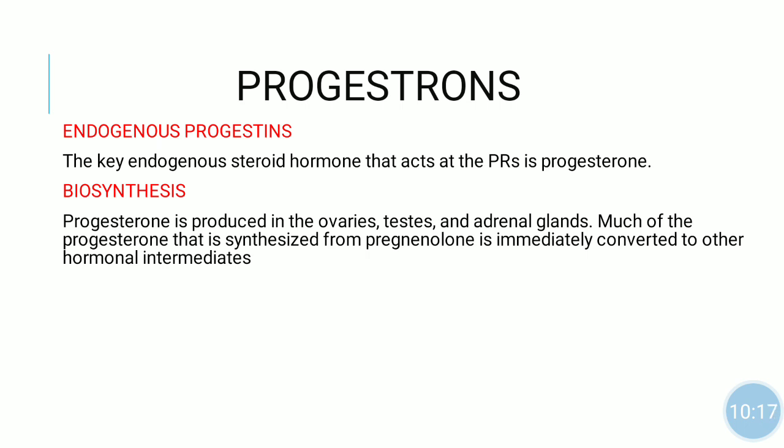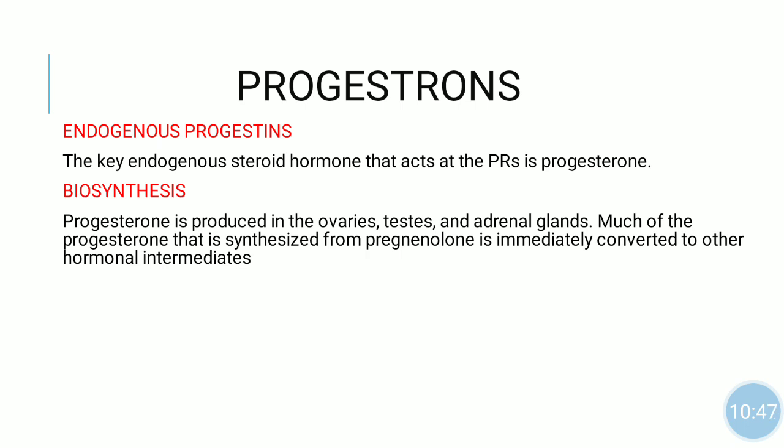So now, like we have seen, estrogen shows its estrogenic activity by acting on estrogen receptor A and B, or you can say alpha and beta, isn't it? So likewise, progesterone also has two subtypes, progesterone receptor A and B. So now these receptors A and B are occupied by progesterone.